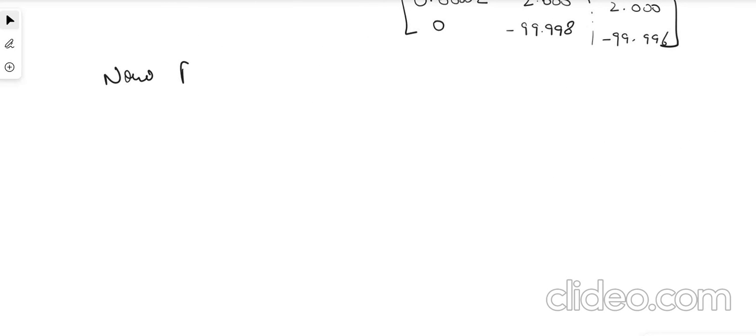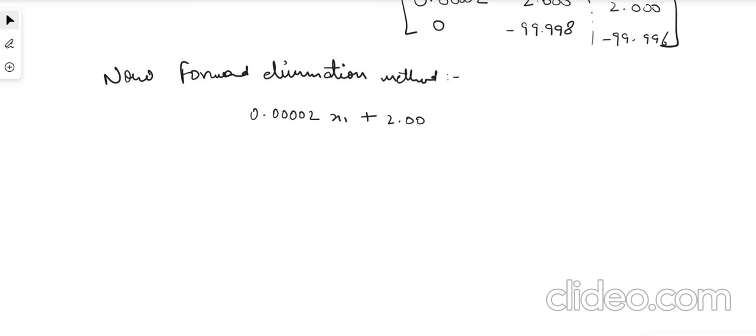Now using the forward elimination method, the following equations will be formed: 0.00002 x1 plus 2.000 x2 equals 2.000, and the next equation will be minus 99.998 x2 equals minus 99.996.